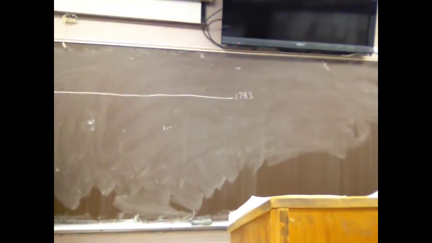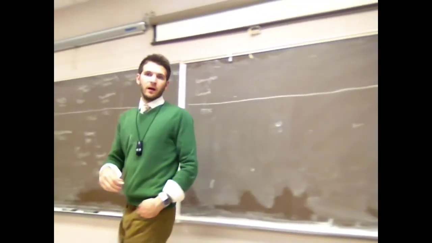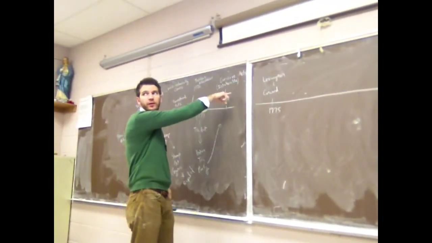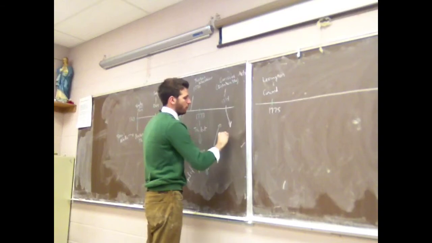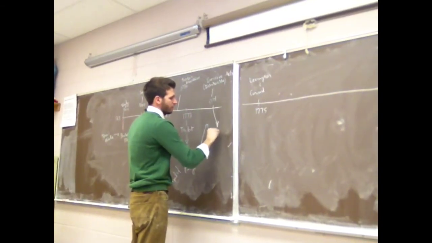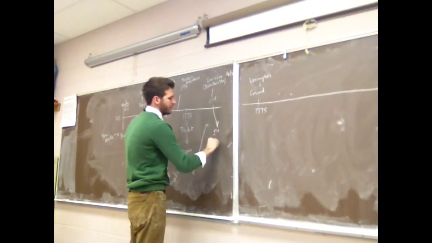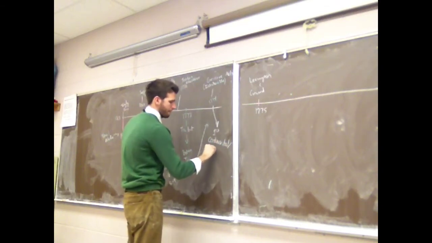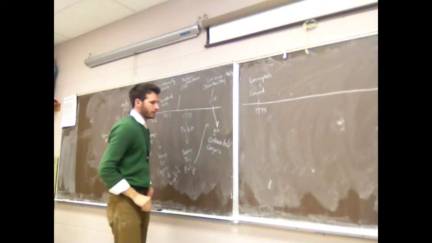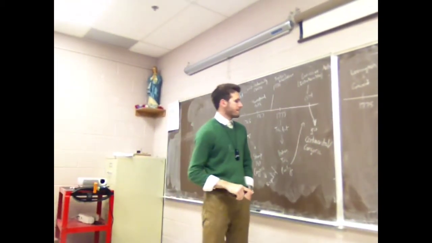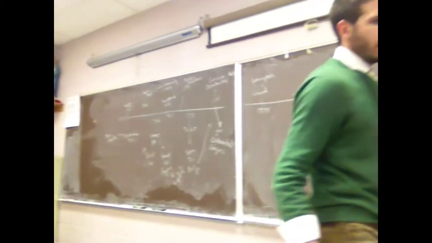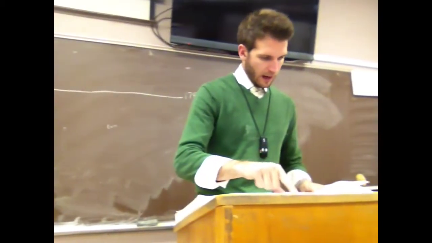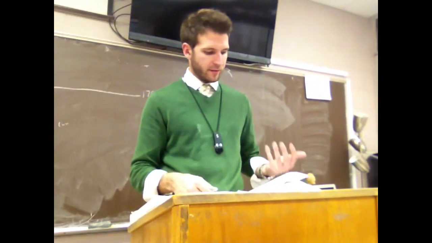So, make sure you guys see this. I'm going to go through this one more time real quick. As a response to the Coercive Acts, the colonists formed the First Continental Congress. After the First Continental Congress, fighting begins, and the first fighting breaks out at Lexington and Concord.